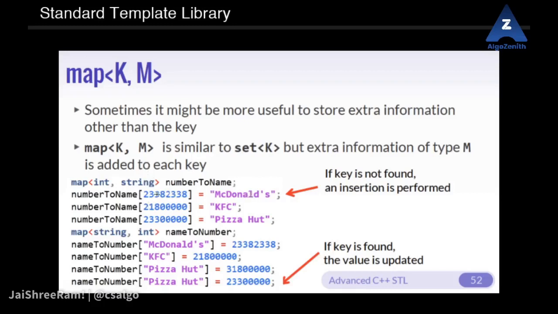So you can map integers to strings and keep the particular value. If it's not present, it creates the value. If it's already present, it updates the value. Okay, so you can index on the strings and keep values at the string. This comes in handy in a lot of problems.